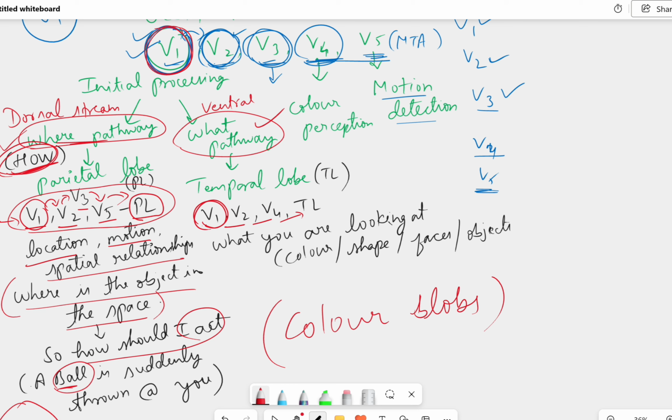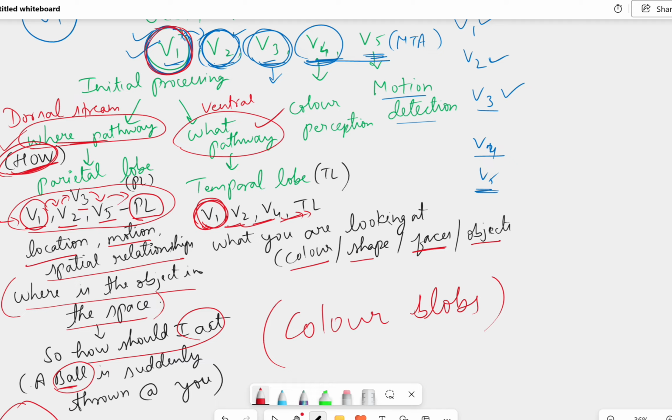You have to first identify it's a person standing. That kind of initial processing happens in V1. Then further refinement happens in V2, then V4, and finally it goes to the temporal lobe. This is where you identify the color, the shape, the face. You give a name to the face, and identify what objects are there in the field, right?